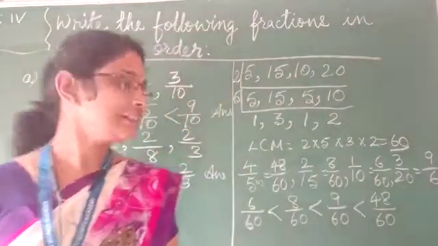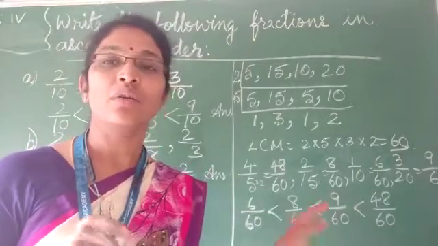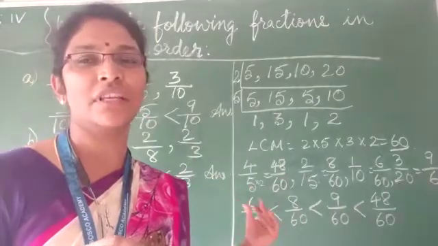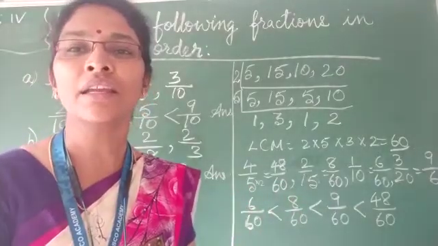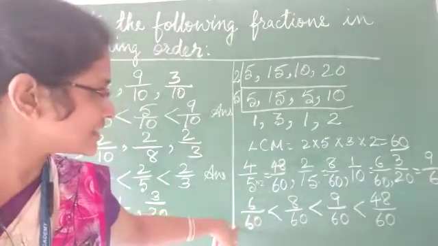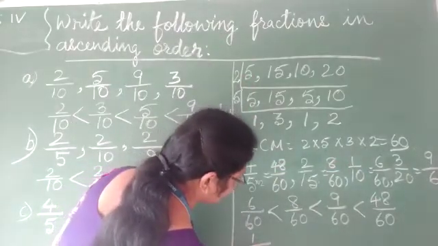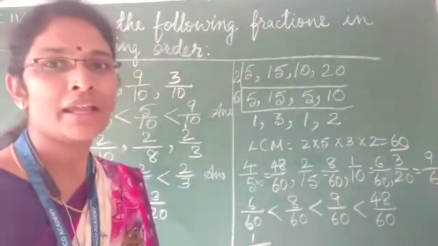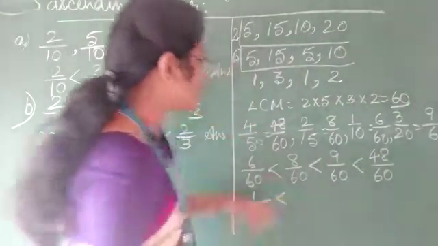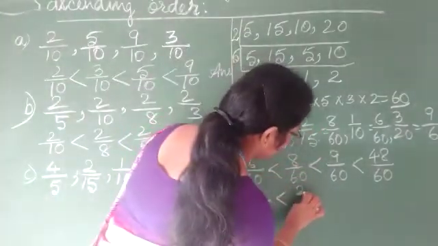Now we have written the like fractions in ascending order. Now what is the last step? Now we have to write the fractions given in the question in ascending order. Which is 6 by 60? That is 1 by 10. What is 8 by 60? That is 2 by 15.